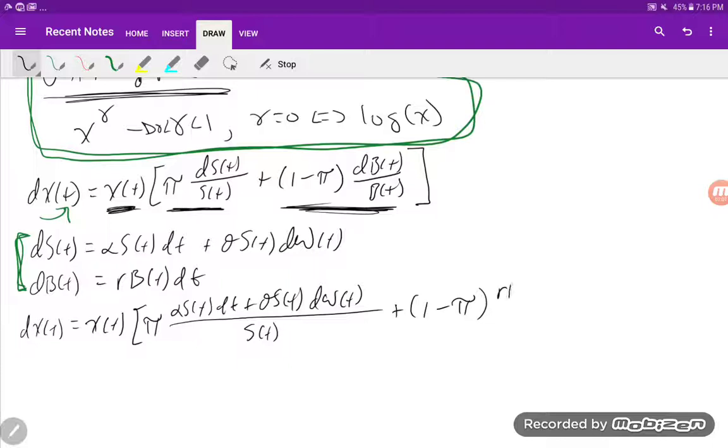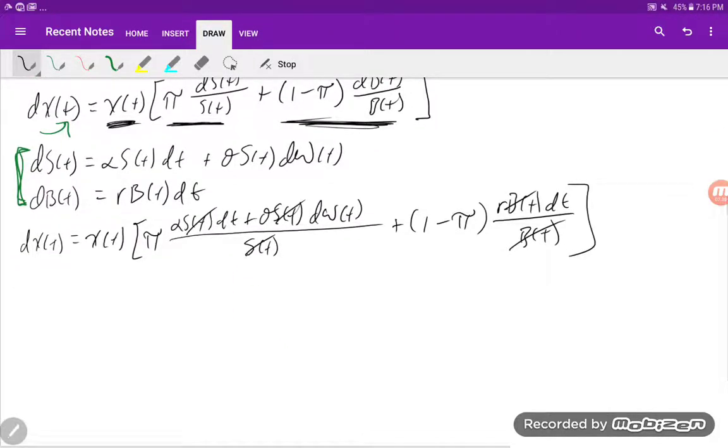Times the differential of the bond. Okay, so we obviously see that all these cancel.